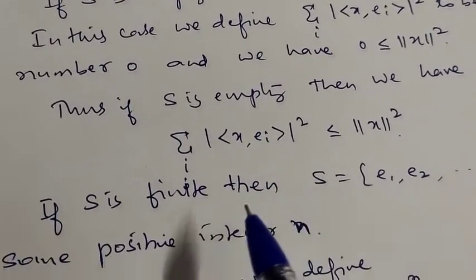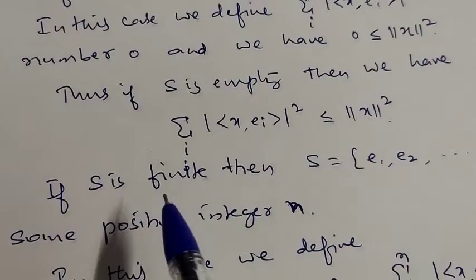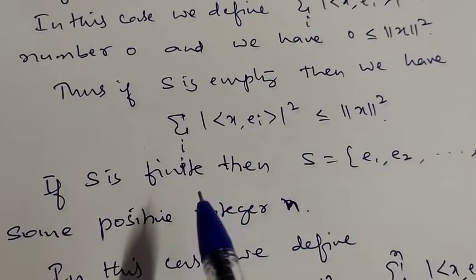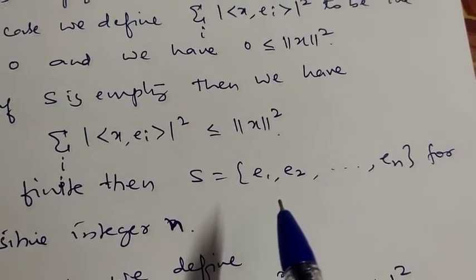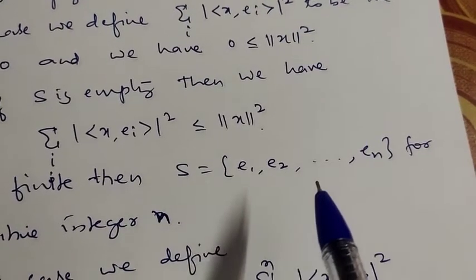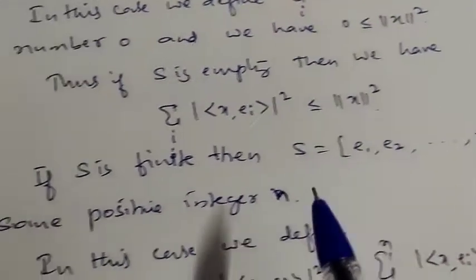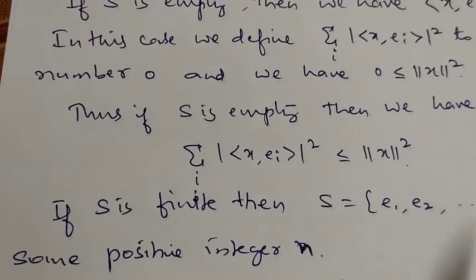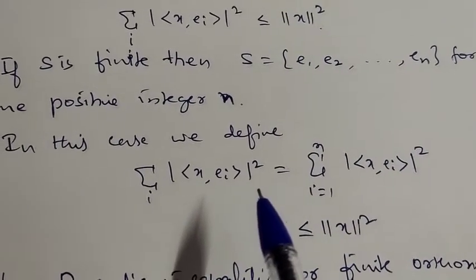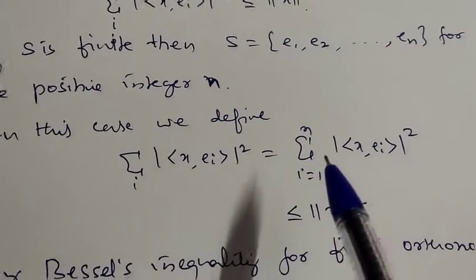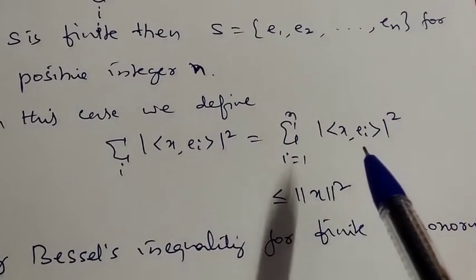The next case: let S be finite. S being finite means we take S as the set of elements e1, e2, and so on up to en for some positive integer n. In this case, the summation over i of the absolute value of the inner product of x comma ei whole square becomes the summation from i equal to 1 to n.